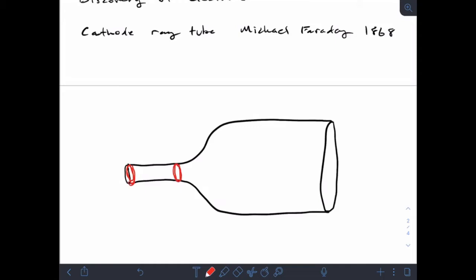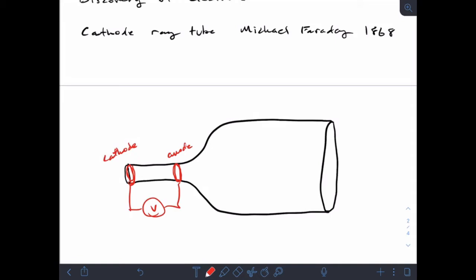They connect these two bands with a voltage source, so they start passing electricity from one to the other. One of them acts as a cathode, hence the cathode ray tube, and the other acts as an anode. Sort of like the positive and negative ends on a battery.